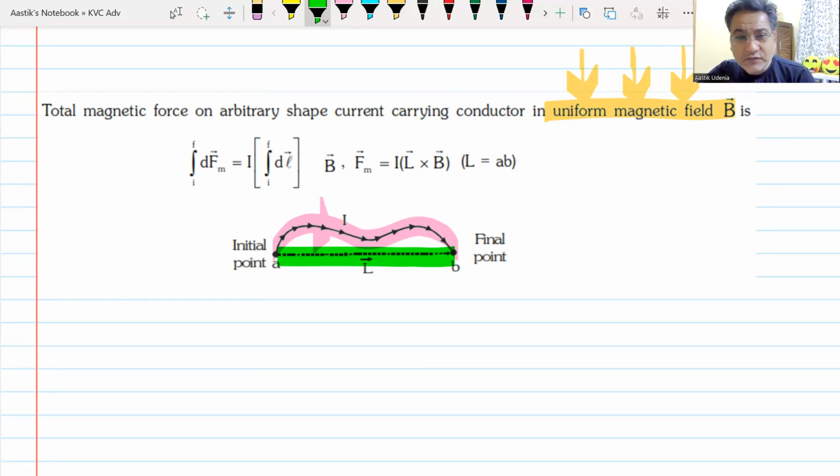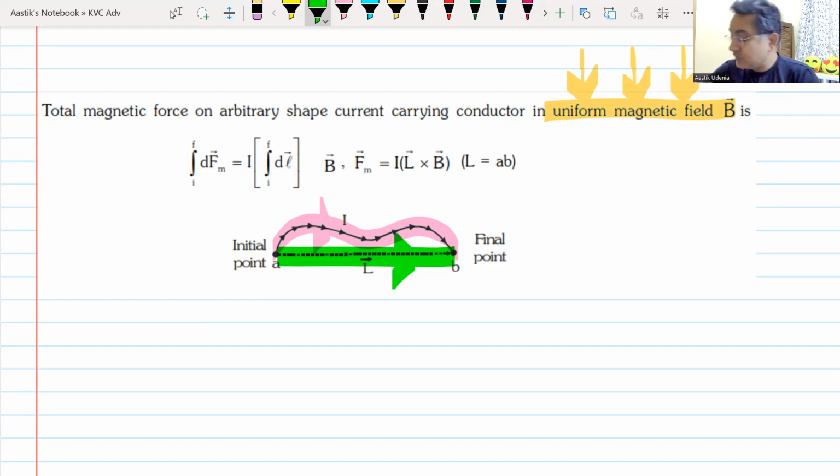That means whatever force is acting on that pink line, the same force will be acting on the green line going from B to A. Or if I draw this green line from A to B, whatever force is acting on that pink line, the same force will be acting on this green line. Yes or no? Yes, sir. The direction is also same. Do we understand this?